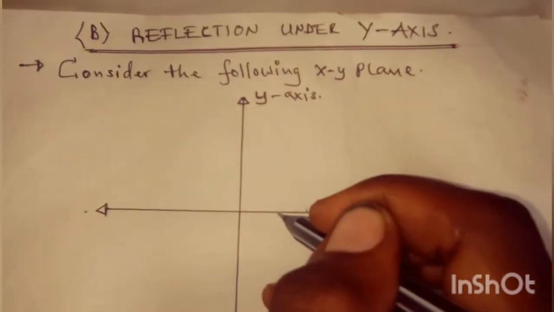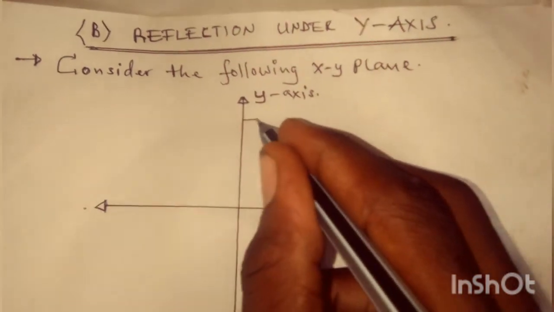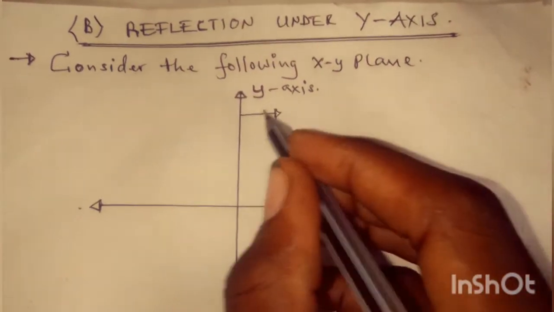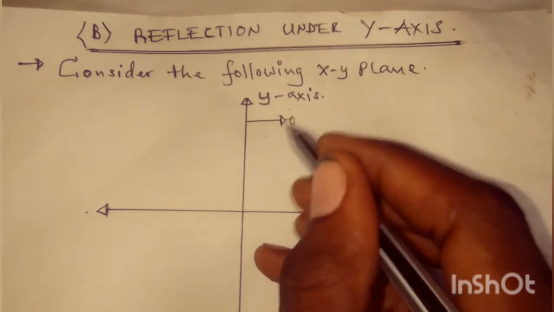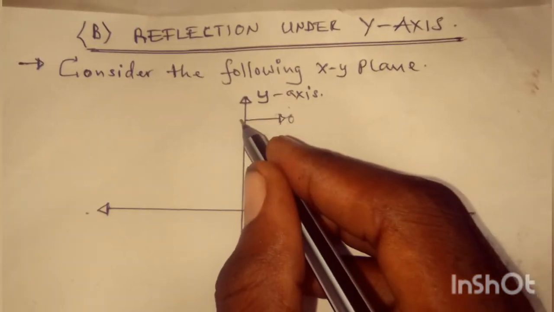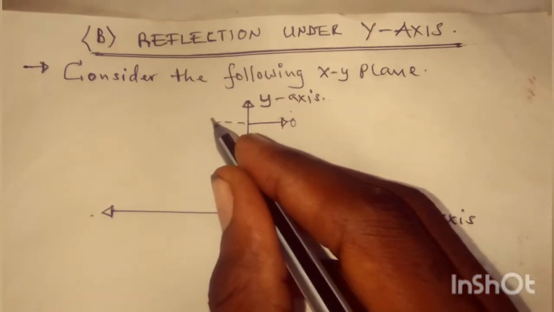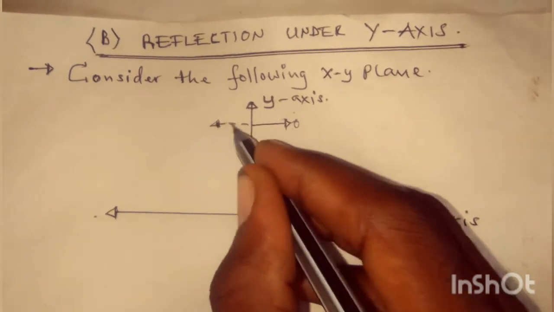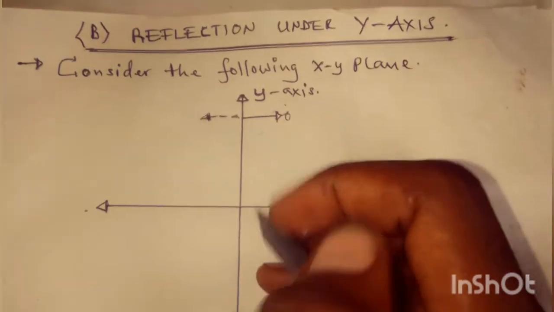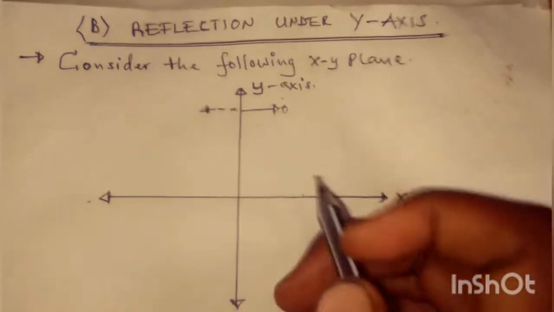Let's say our object is placed from here to here. This is our object, and it must formulate an image on the opposite side. This will be the image of this object formed at the y-axis.